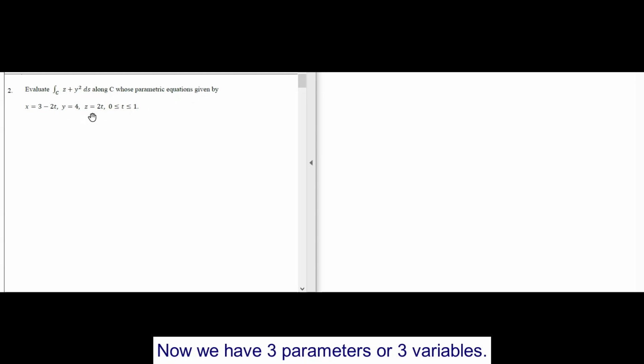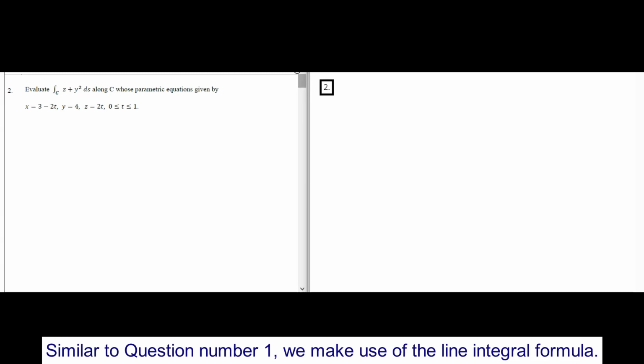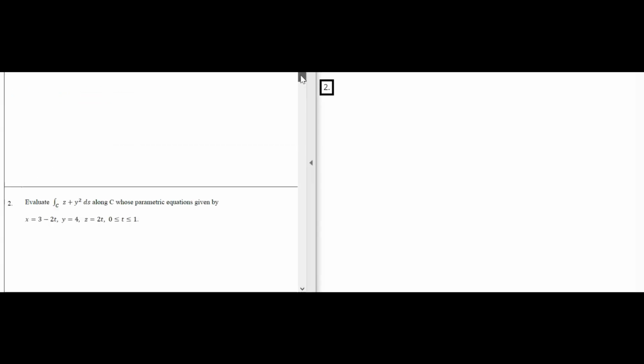Now we have three parameters or three variables. T is bounded from 0 to 1. Similar to question number 1, we make use of the line integral formula.